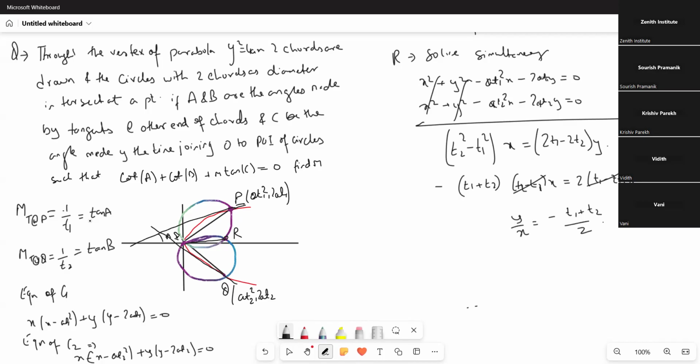But t1 is basically cot A, t2 is cot B, so we get twice of tan C is equal to minus of cot A minus of cot B. तो सबको सेम साइड पे ले लेंगे तो we get n is equal to 2. क्लियर है?